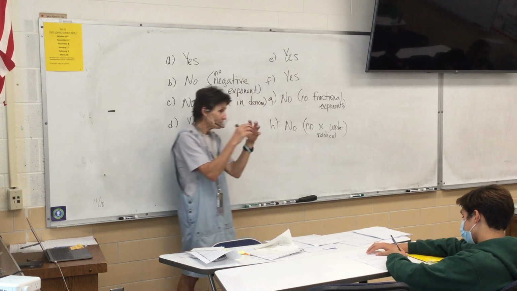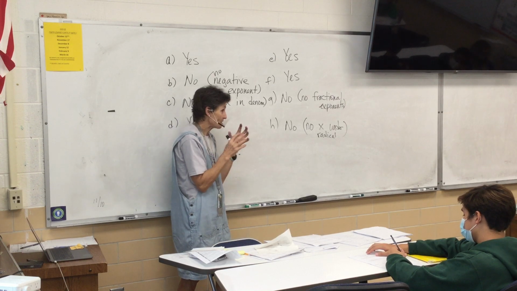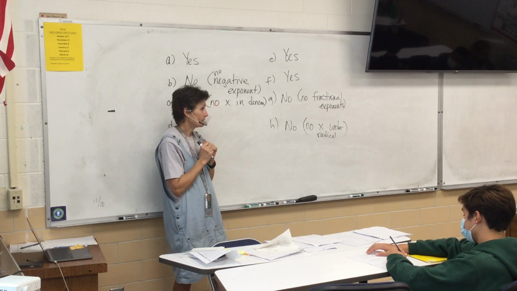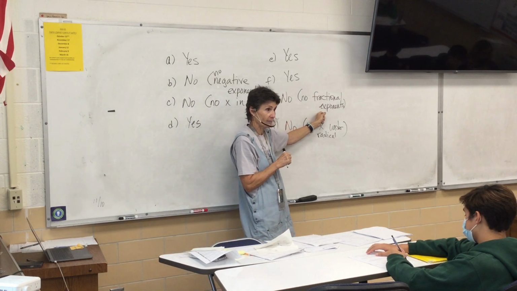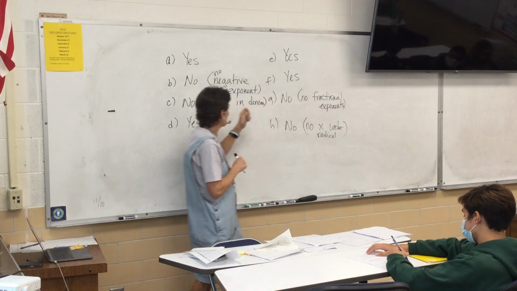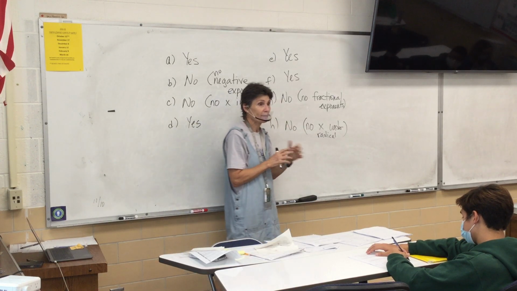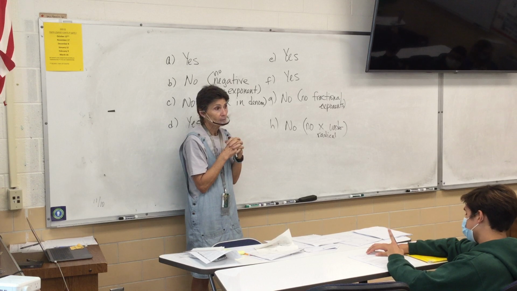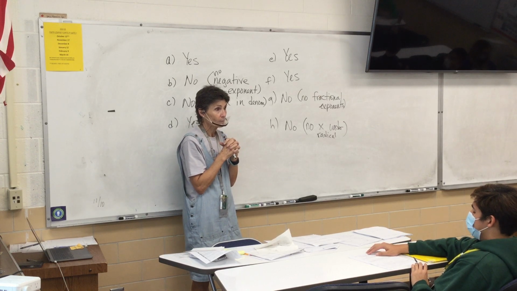So if you have an equation that doesn't have any of those things, then it's good. No negative exponents, no fractional exponents, no x in the denominator, no x under the radical. You have those 4 things written down? Okay.